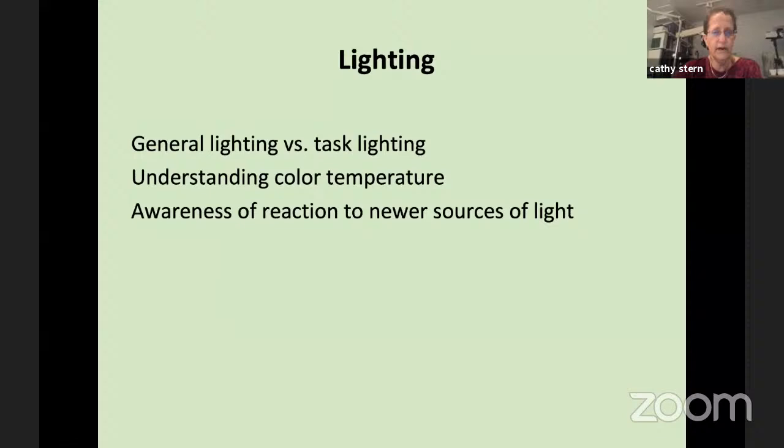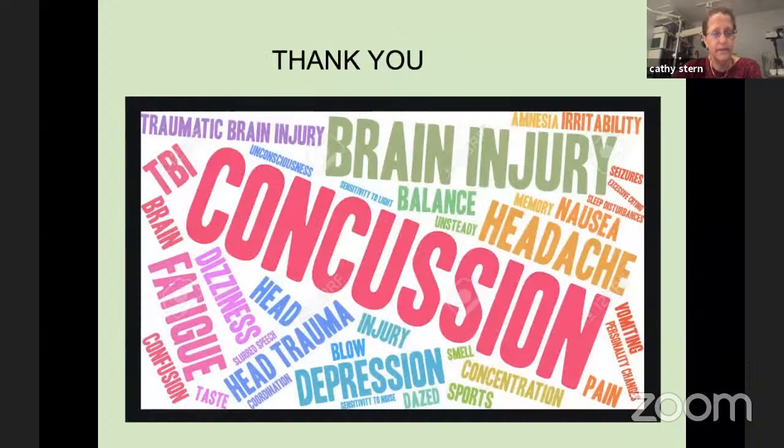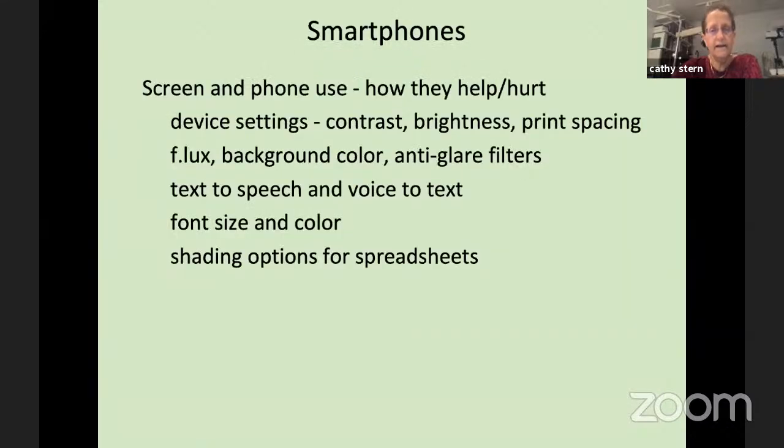Lighting can be important, and we just talked about that. I will show you just a couple of other slides that are in the handout, which is that today I've spent time showing patients many of the accessibility options that are on their smartphone that can be helpful to them.